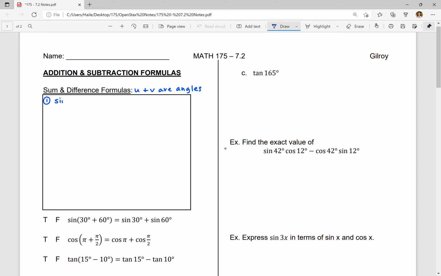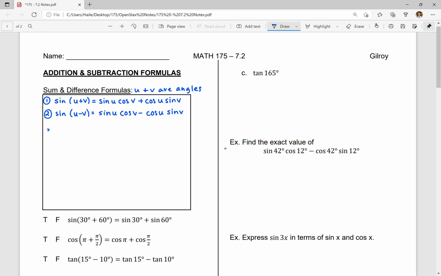First, the sine of U plus V is equal to sine of U cosine of V plus cosine of U sine of V. And then number 2, sine of U minus V is equal to sine of U cosine of V minus cosine of U sine of V. All right, so those are our two sine formulas.